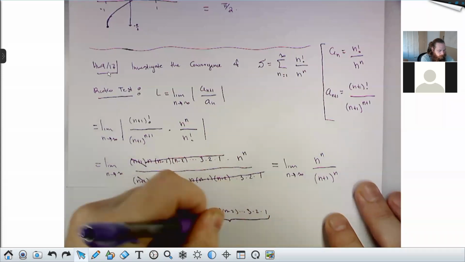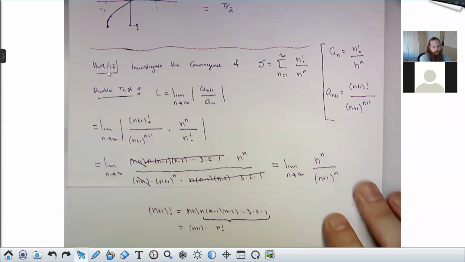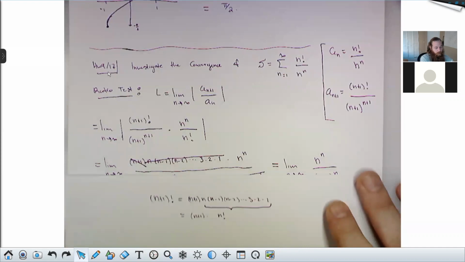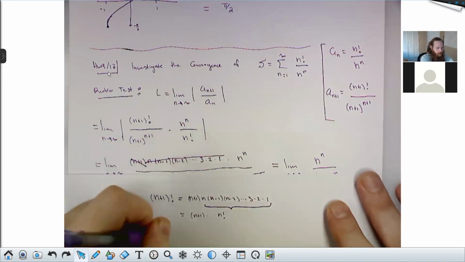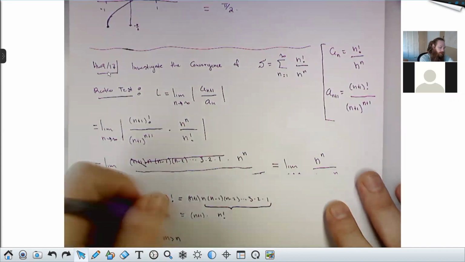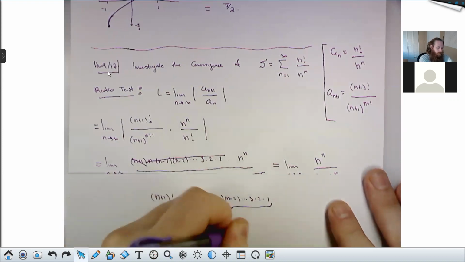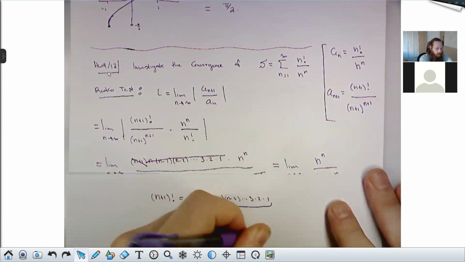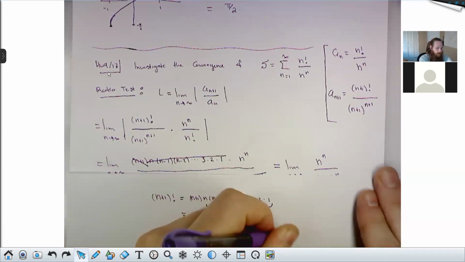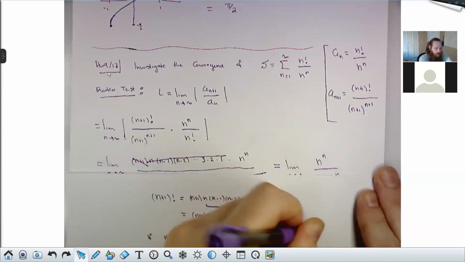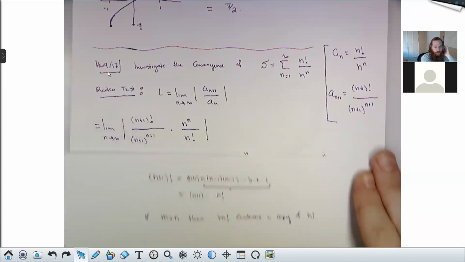This is n factorial. And in general, if m is bigger than n, then m factorial contains a copy of n factorial.